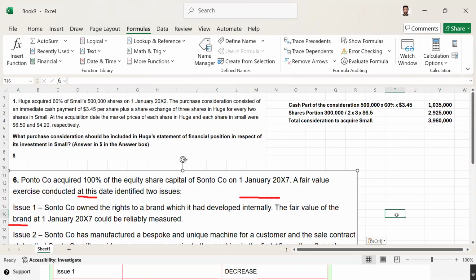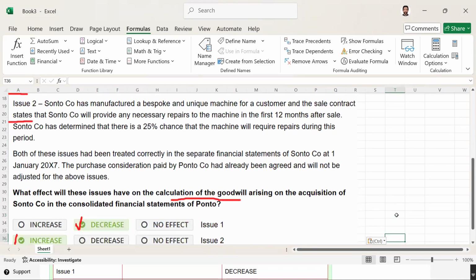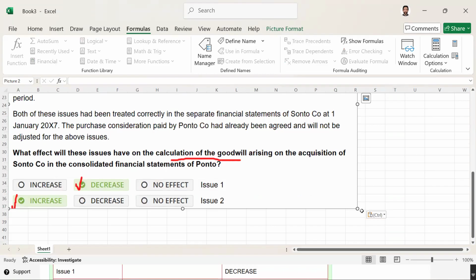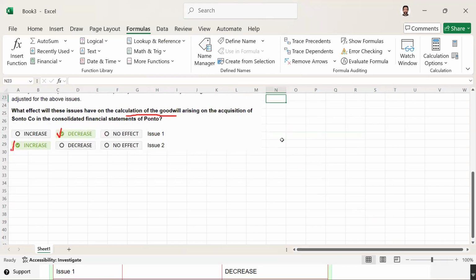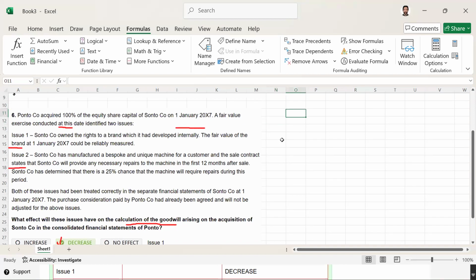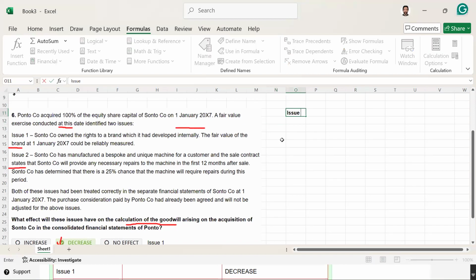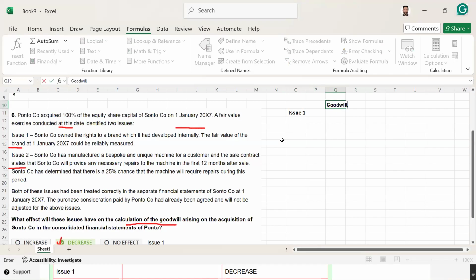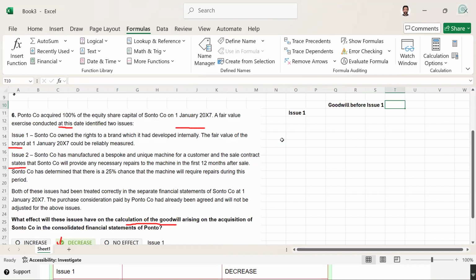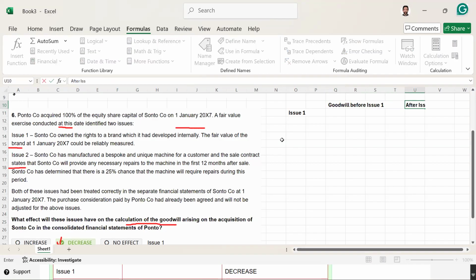Let's see. So we have this issue that for the first one, there will be an increase in the value of the assets. So we have this issue 1. So we would say goodwill for issue 1 and after issue 1.